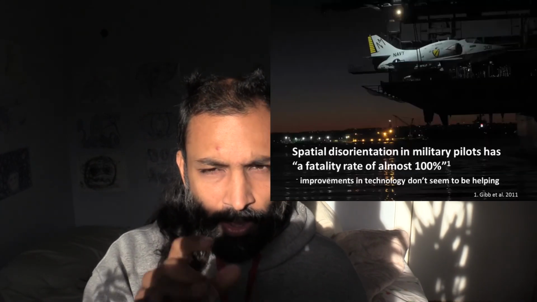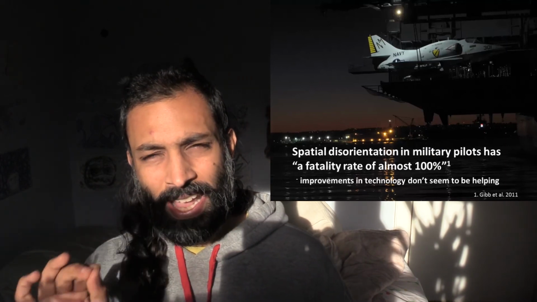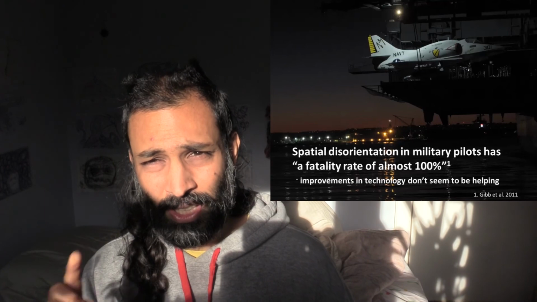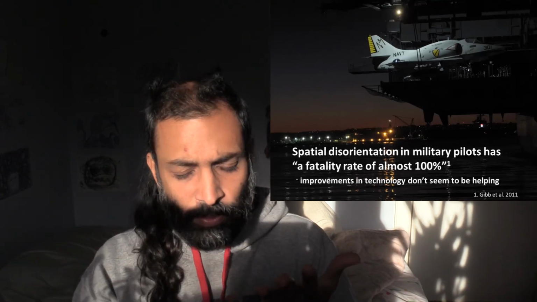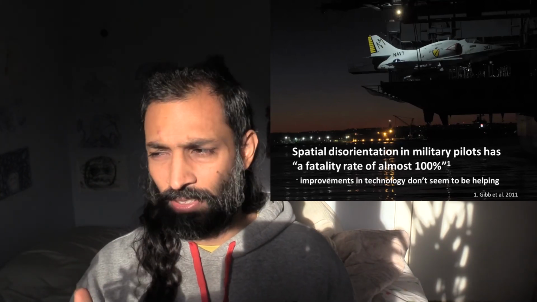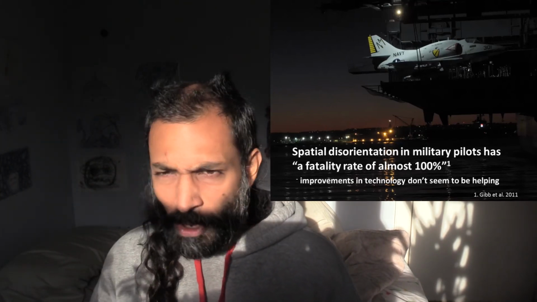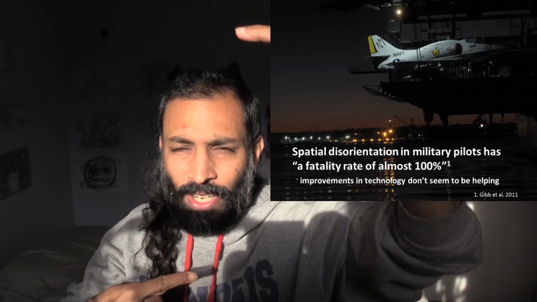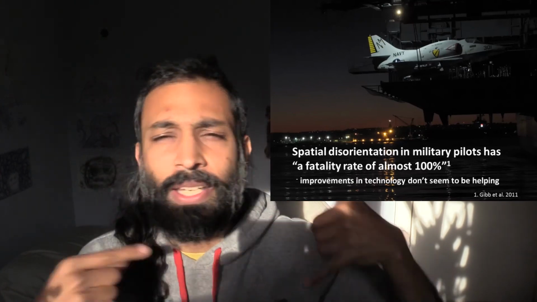The leading cause of fatal aircraft accidents, where they die, for military pilots, is spatial disorientation, and that's on Earth. So forget the moon, forget Mars. On Earth, where we have a good sense of the terrain, where we have a fairly good sense of the weather, where you've got satellites circling the planet, where you can talk to headquarters immediately.